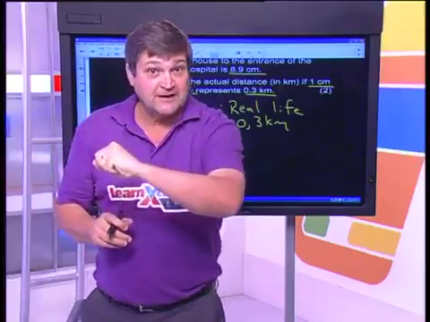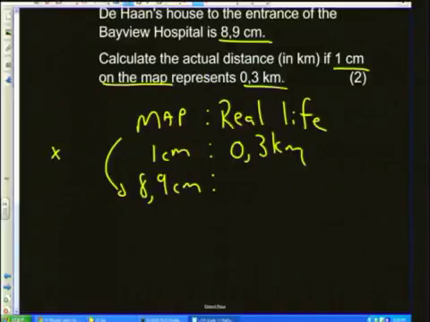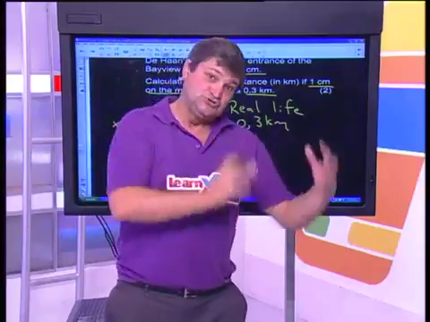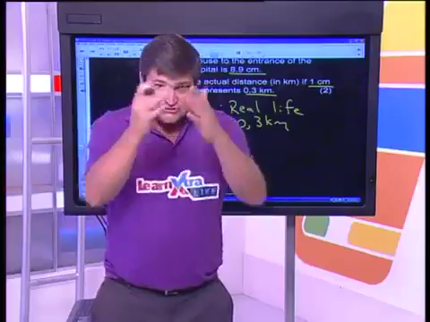I multiplied by 8,9. So we're saying times 8,9. Not times 8,9 centimeters, because we already have centimeters and centimeters. So I'm just multiplying by 8,9. And remember, whatever we do to the one side, we've got to do to the other side. Right? And I always use this, but let's use it again.